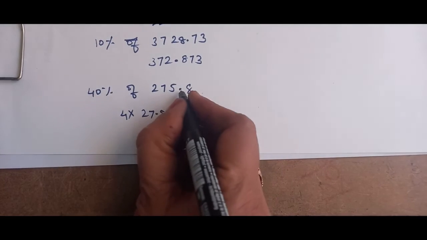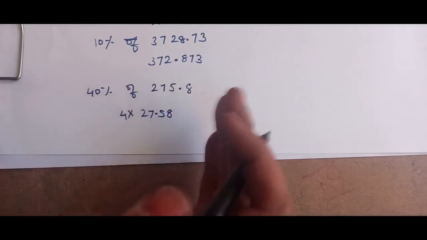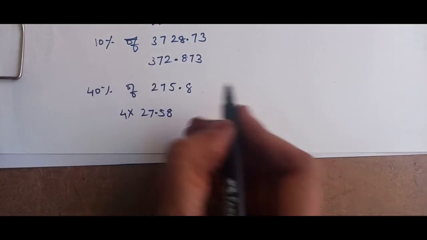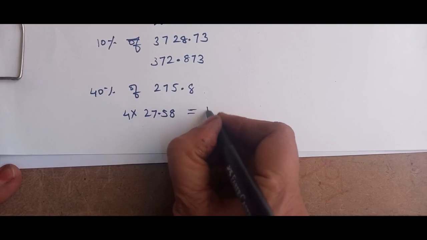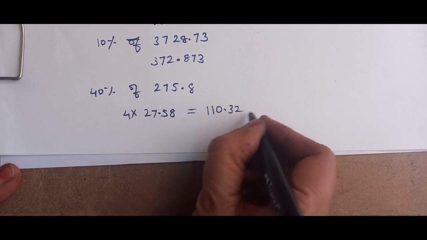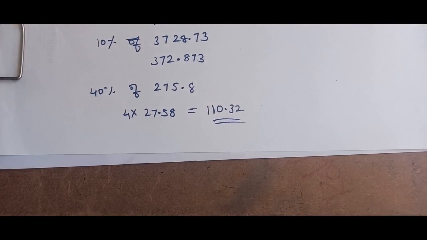We need to move this decimal towards the left side by 1 digit, no? So 27.58. Multiply this one. You will get 110.32. Do you understand this concept? It's so simple. Using this method, we can calculate any percentage within seconds. But the only thing we need is practice.